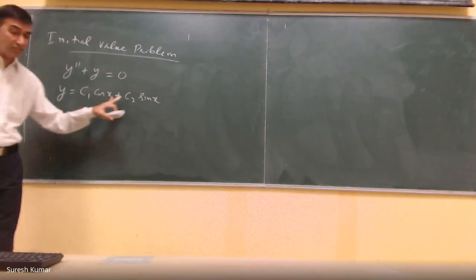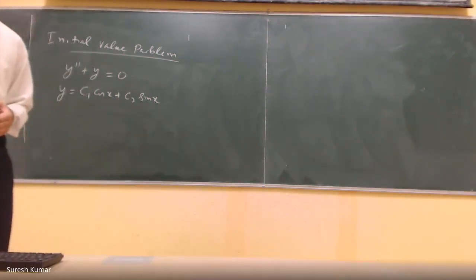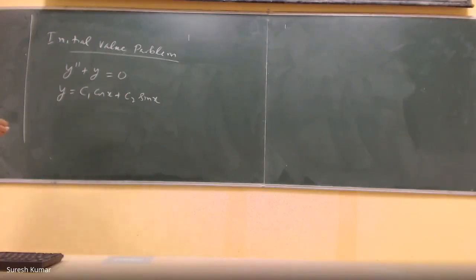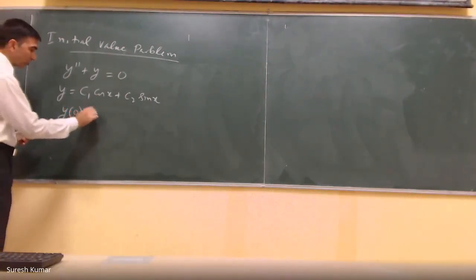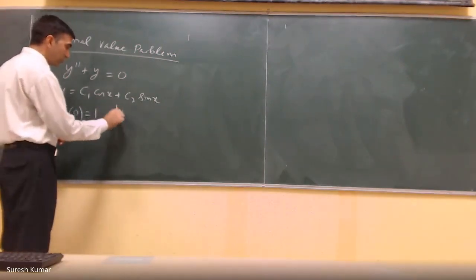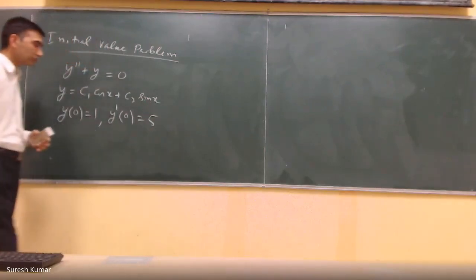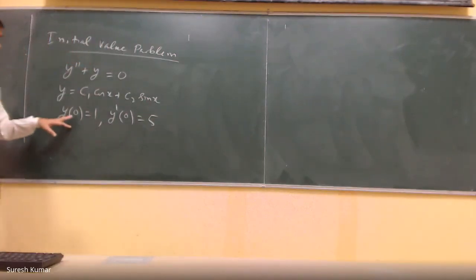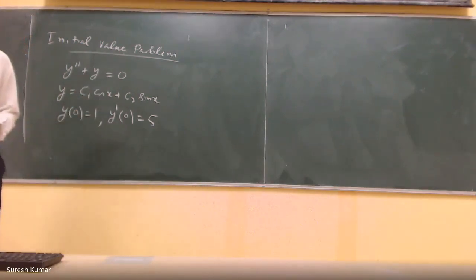Now to determine these constants, I need some conditions. Let's say I specify two conditions, y(0) equal to 1 and y prime(0) equal to, say, 5. Okay, using these conditions, I can determine c1 and c2.